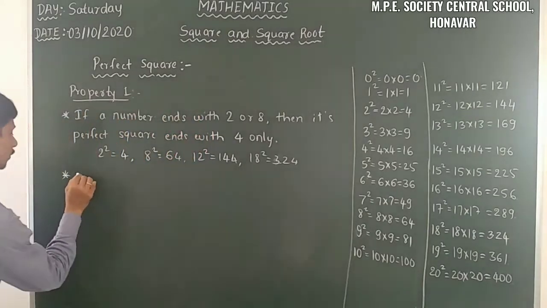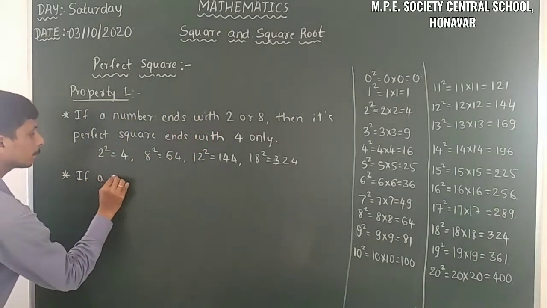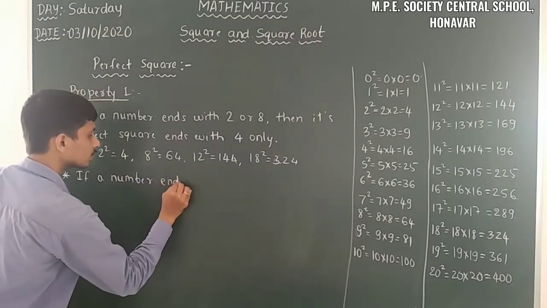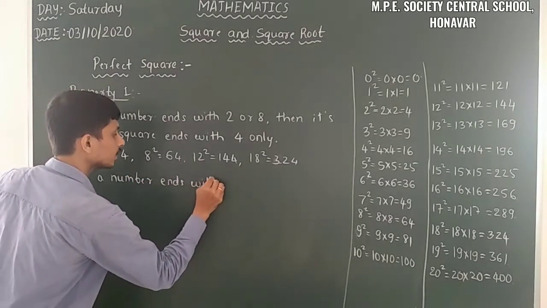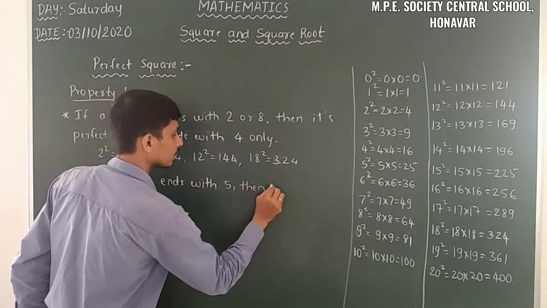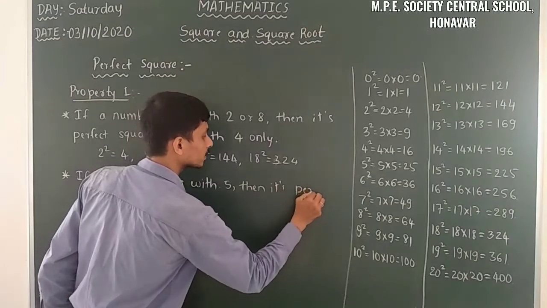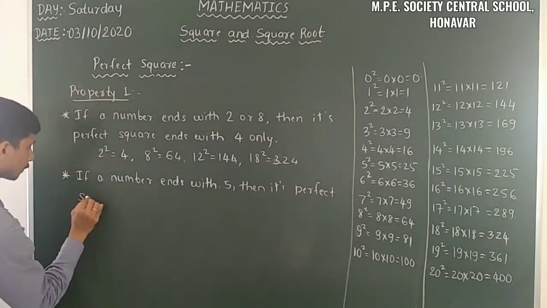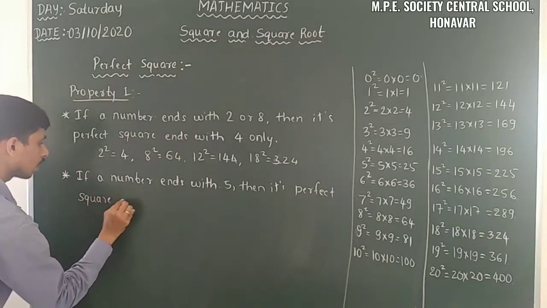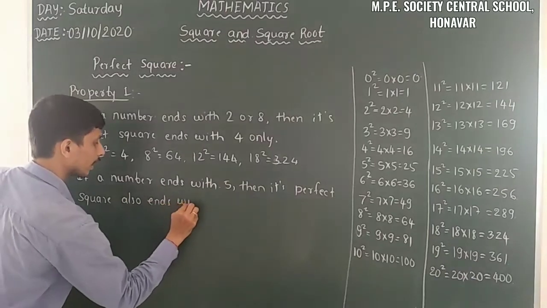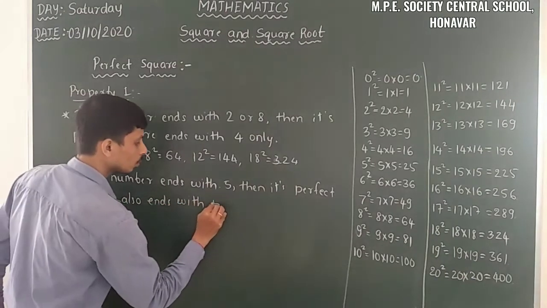So if a number ends with 5, then its perfect square also ends with 5 only.